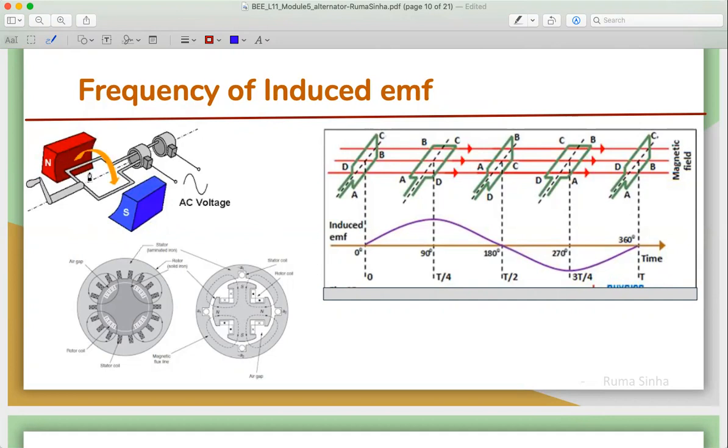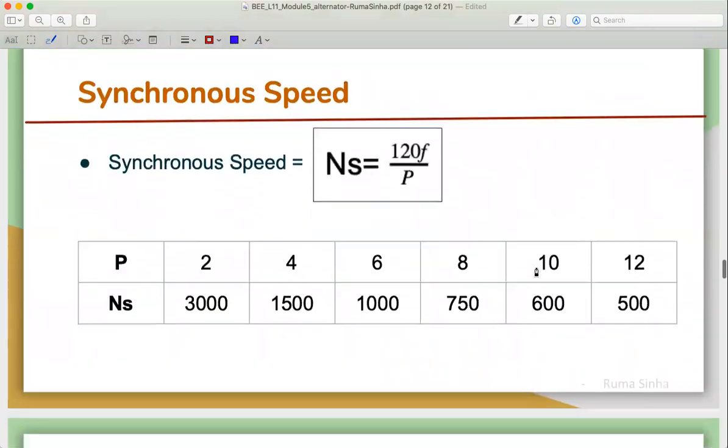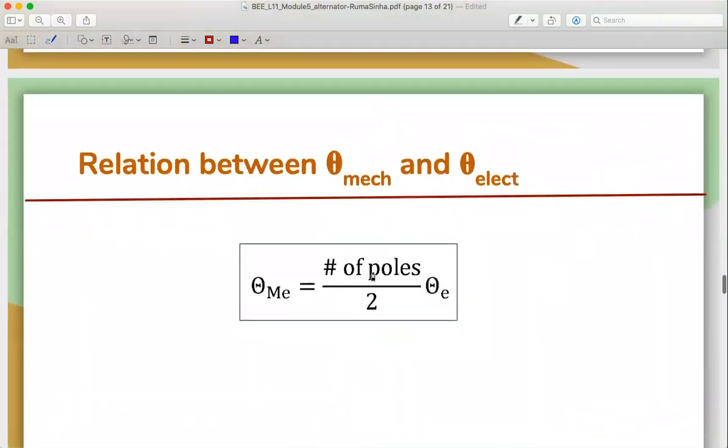So one mechanical rotation is 360 degrees, and the electrical rotation is also 360 degrees for two poles. For four-pole machines, one mechanical rotation of 360 degrees gives 720 degrees of electrical rotation. So from this relationship, the mechanical angle is equal to the number of poles, P, divided by 2, multiplied by theta electrical.